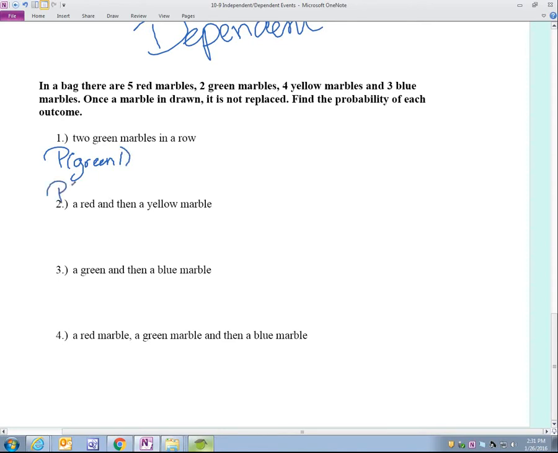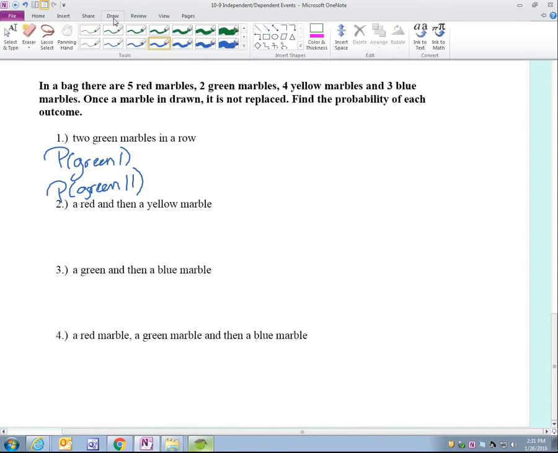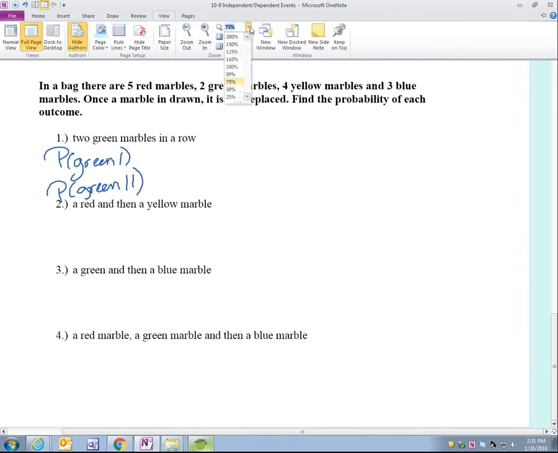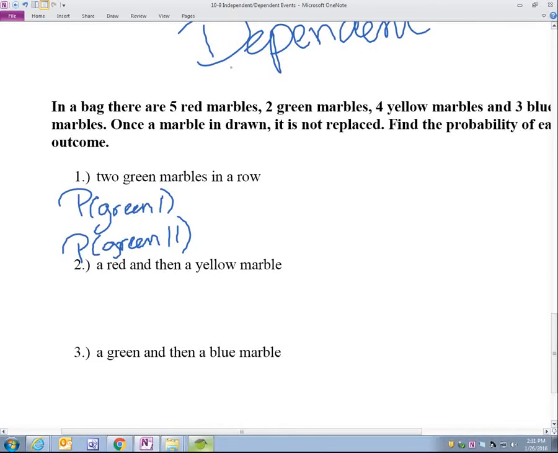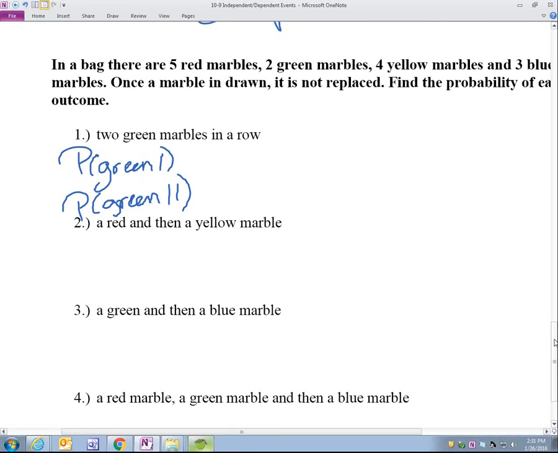My probability for the second one is green 2. For the probability of drawing a green, I have 2 green marbles, and I have to think about how big a sample space I have. How many marbles are there in total? I need to know that.